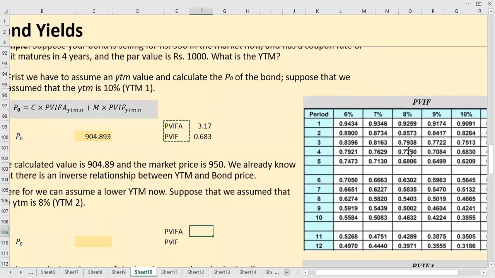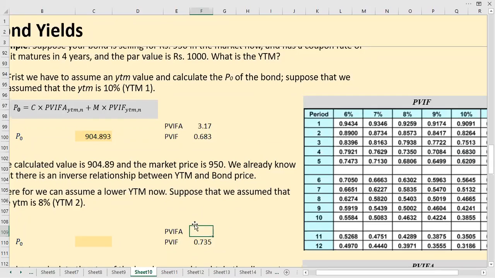So you get 0.735. I'm going to put 0.735 as the required PVIF.